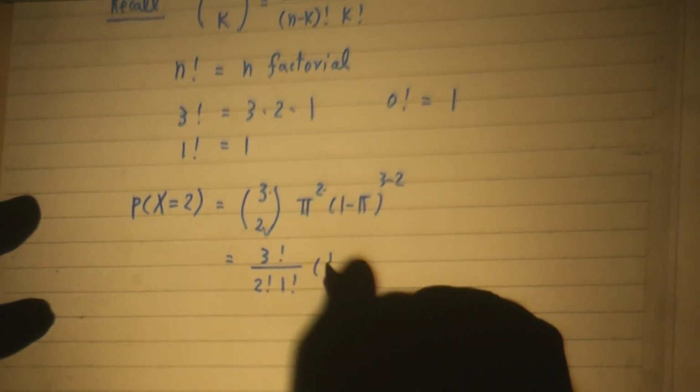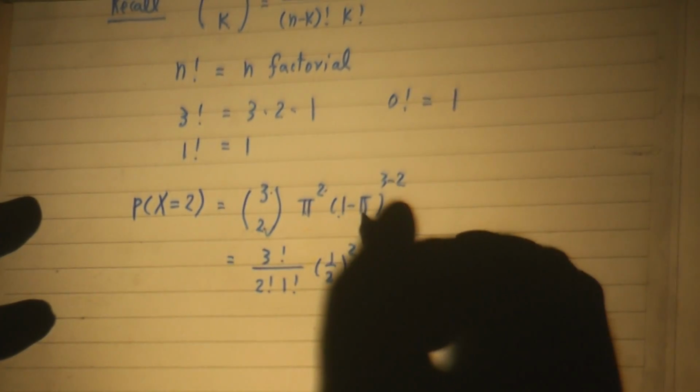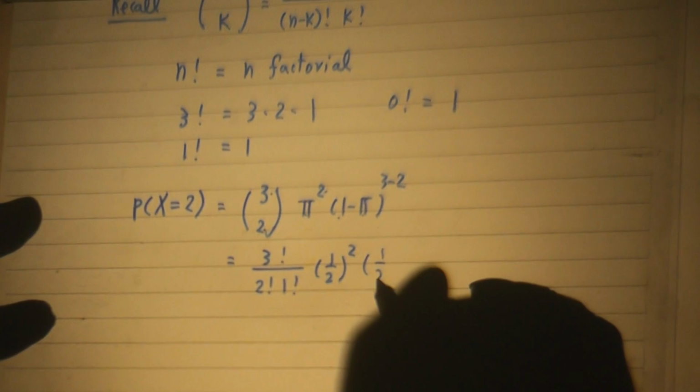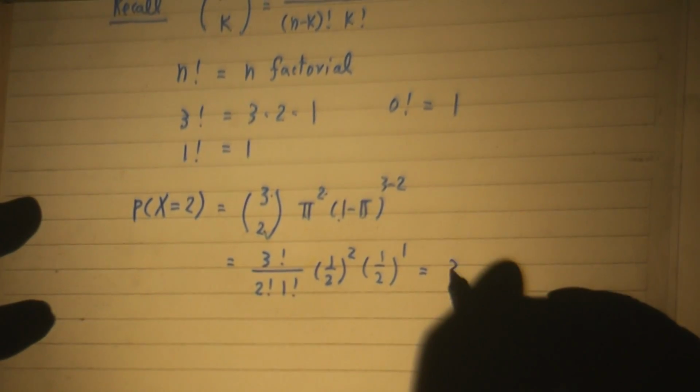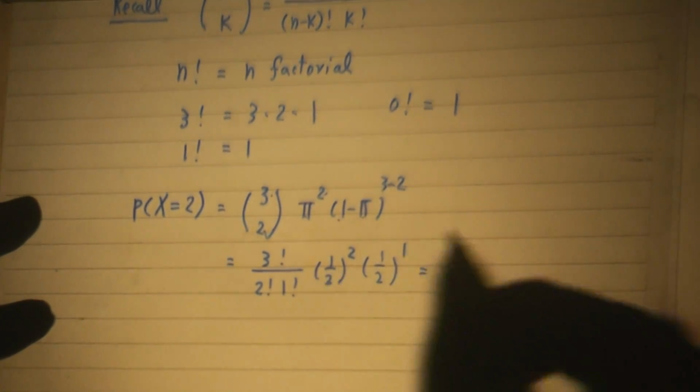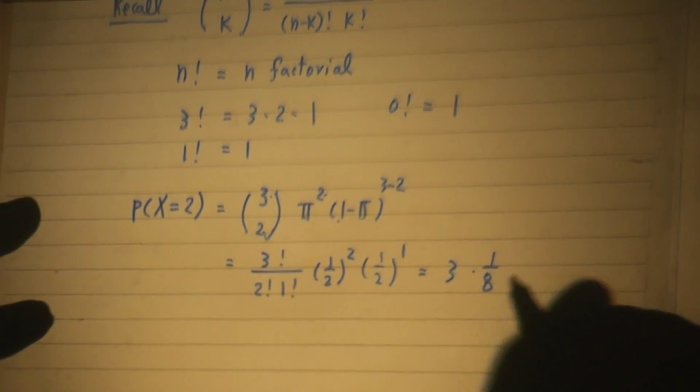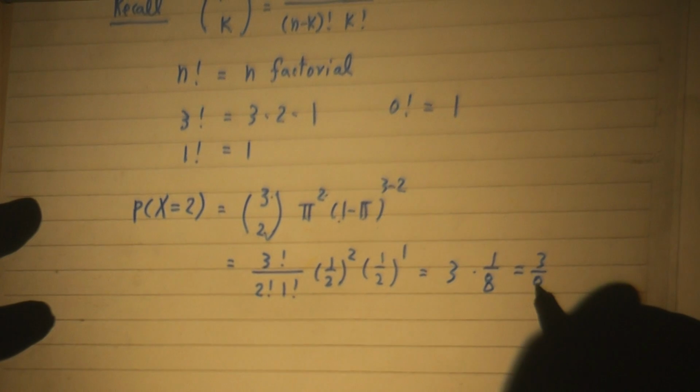Pi squared is 1 over 2 squared. 1 minus pi, which is 1/2, to the power 1. So this one is 3 times 1 over 8. So this is also 3 over 8.